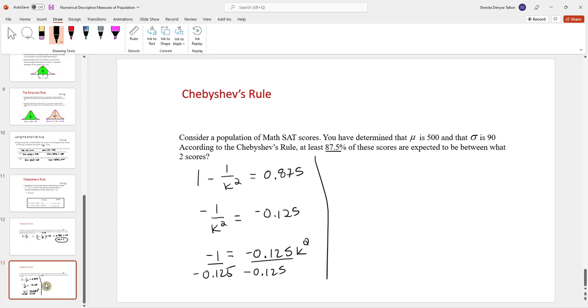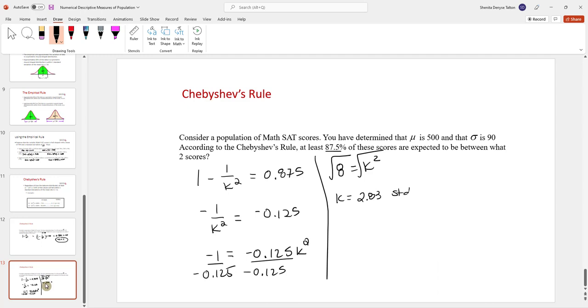So here you would get 8 is equal to k squared. To get k by itself, I'm going to take the square root of both sides. And I get k is equal to 2.83.